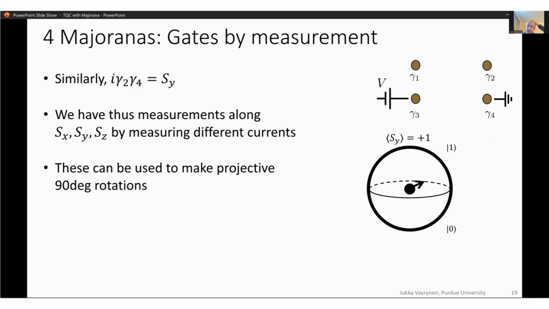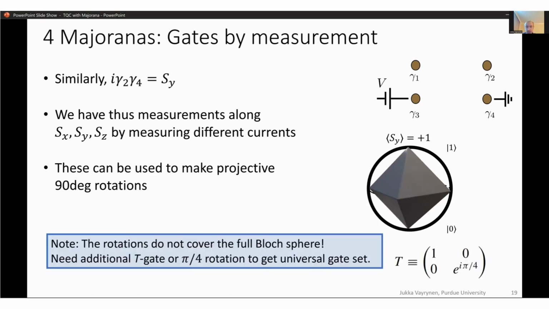Once you know your measurement axis and you know your result of the measurement, you will be certain that your state will be in one of the corners of this object shown here. And this is the kind of topologically protected rotation that I mentioned, namely that there's nothing else that you can get if you do these measurements correctly.